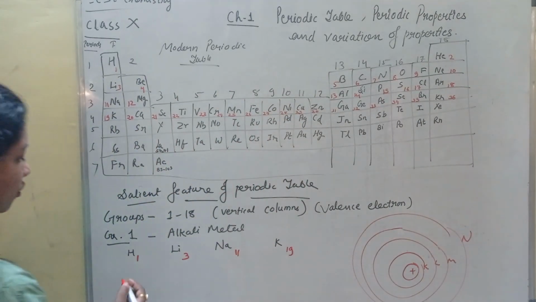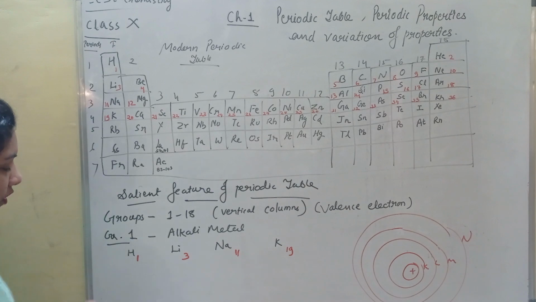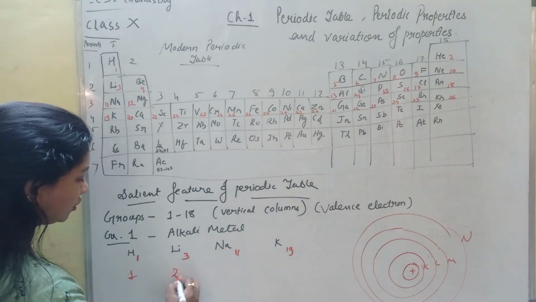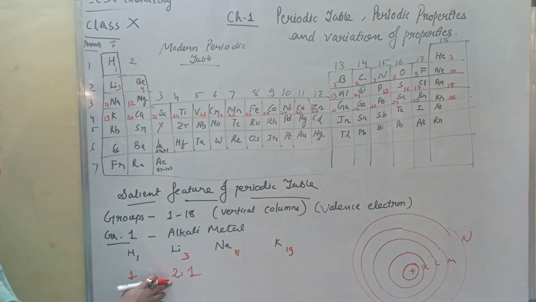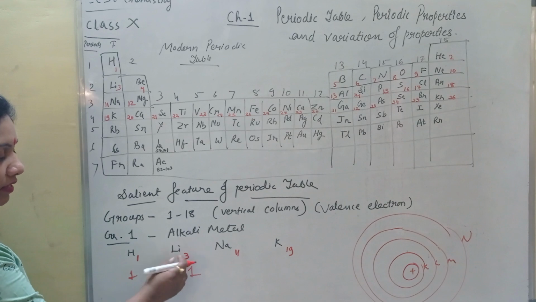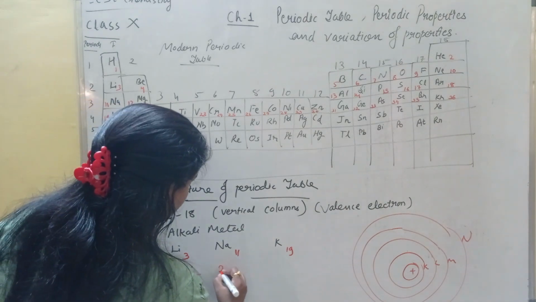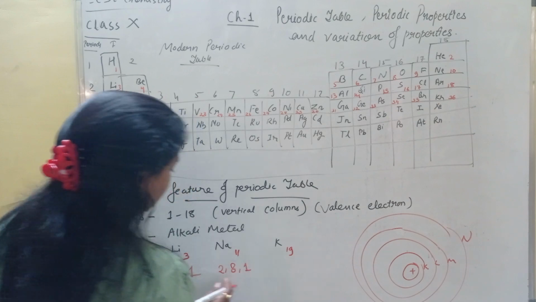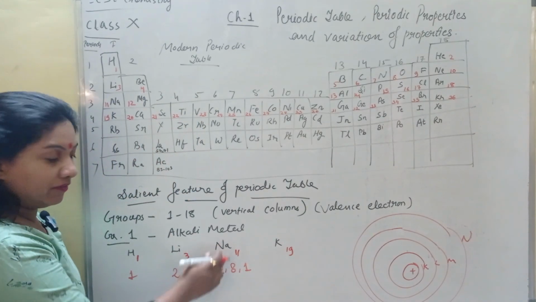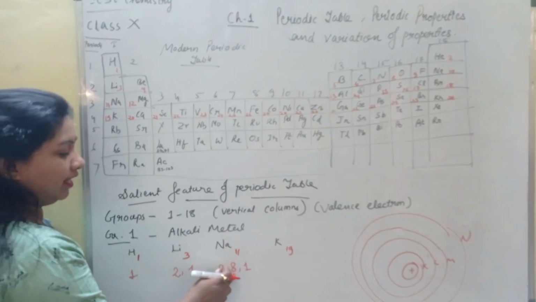So if you do the electronic configuration, hydrogen atomic number 1, the configuration is 1. Lithium 3, the configuration is 2, 1, because the first shell can accommodate 2 electrons. So that is why we have written 2 and the remaining 1 goes here. Then sodium, atomic number 11, its configuration is 2, 8, 1.